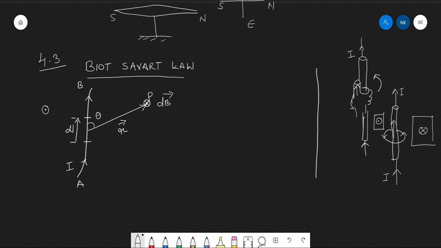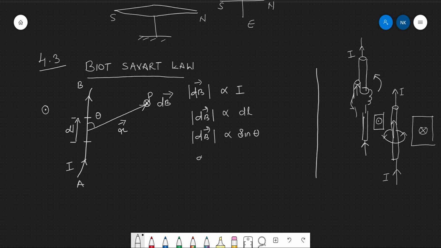Now according to the Biot-Savart law, the magnitude of this small magnetic field dB vector is directly proportional to the current passing through the wire. Second, the magnitude of the magnetic field is directly proportional to the length of the segment, dl. Third, it is directly proportional to sine theta.